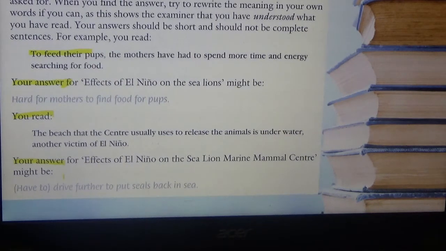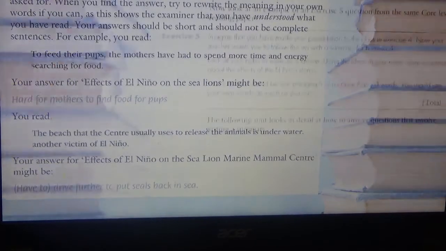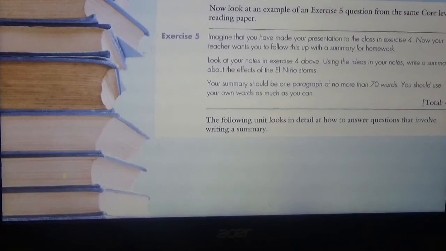Now, we have an example of an exercise 5 question from the same core level reading paper. So core level, we will share the same passage to answer exercise 4 and the summary writing for exercise 5.